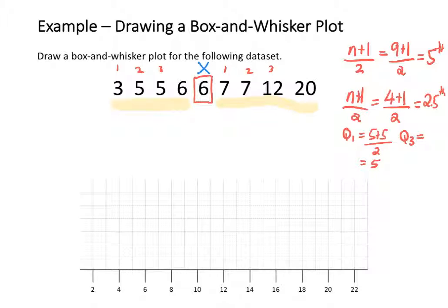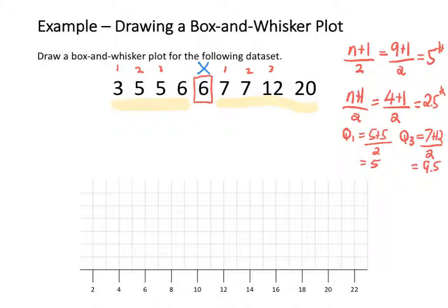My quartile 3 is going to be in between 7 and 12. So to find quartile 3, 7 plus 12 is 19, divided by 2 is equal to 9.5.